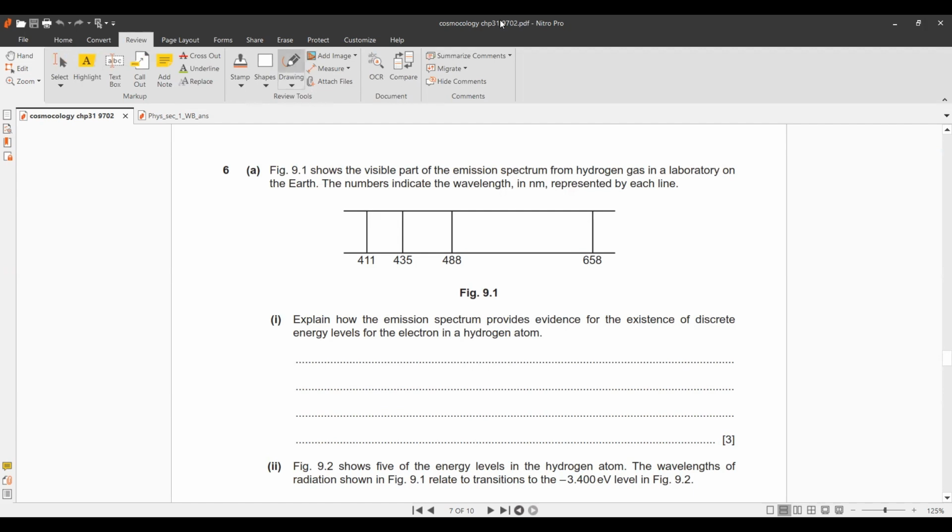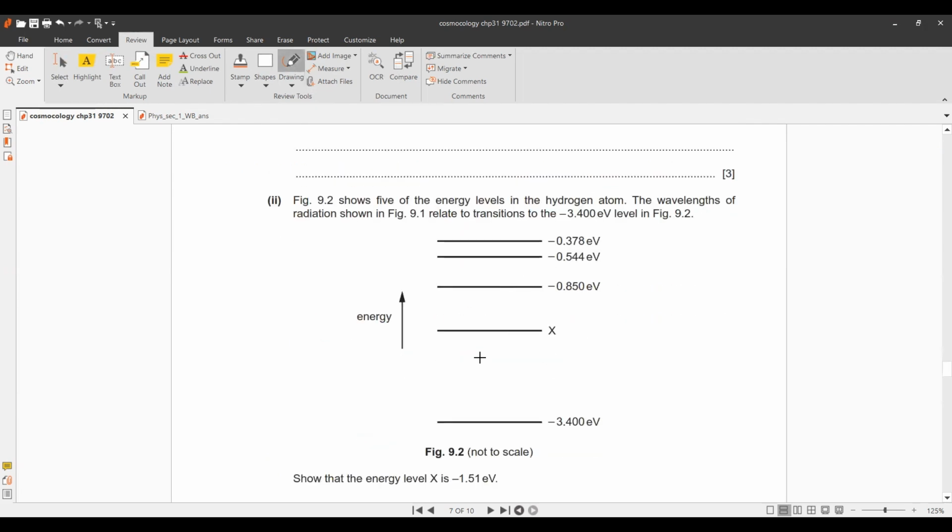See, we could see this difference of wavelength here and the gap. Focus on the gap, and here it's pretty much similar. So we know the formula we just discussed, which is E1 minus E2 equals hc over lambda.